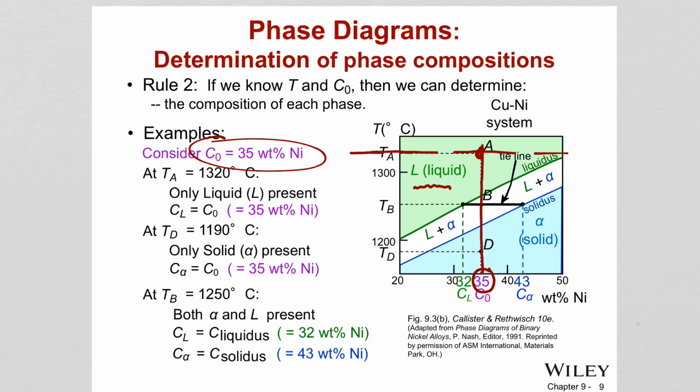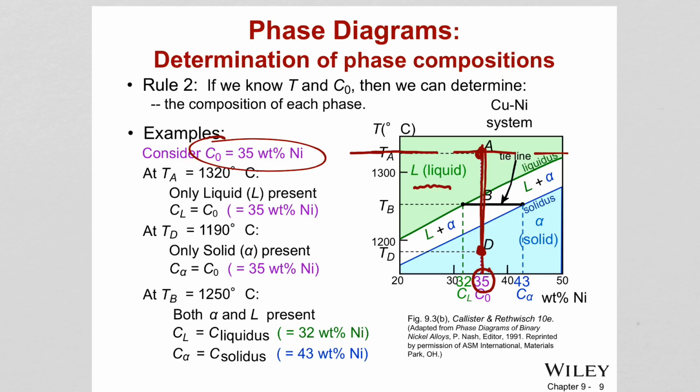Okay. If you are at point D, for example, which is at a lower temperature but the same composition, again you are at a point which is within the alpha phase region. Therefore, you just have a solid solution of copper and nickel. And in this case, again, you just have one phase.